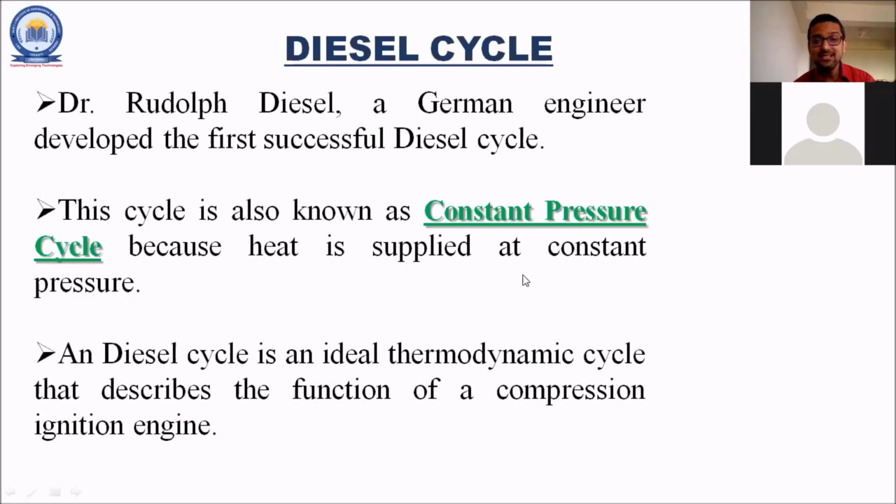Since in the diesel cycle the heat is added at constant pressure conditions, this cycle is known as the constant pressure cycle. So the diesel cycle is an ideal thermodynamic cycle that describes the function of a compression ignition engine. Compression ignition engine that represents the diesel engine.